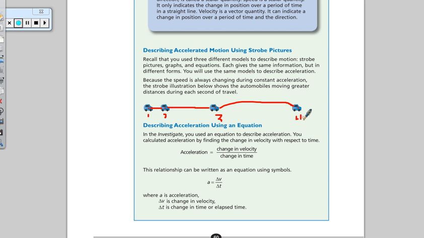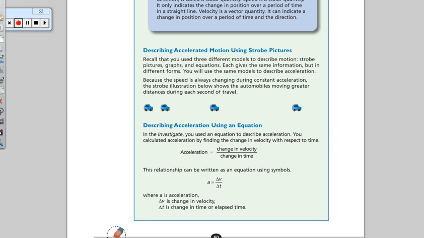There's only 1 second in between each, and so the fastest part is right here where the distance is the largest. All right. So by looking at this visual representation of a strobe photo, we can see that this car is in fact accelerating positively. It's going faster and faster and faster.